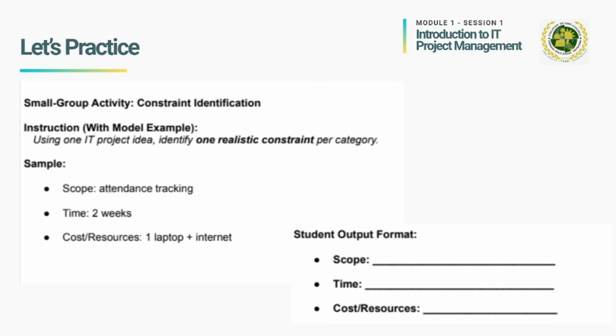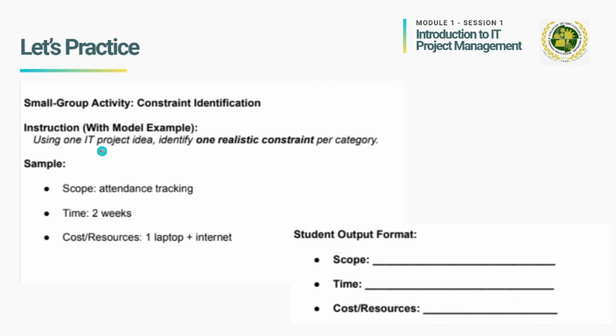All right, so to end this session, I want you to answer our check for understanding. You have to form a small group activity, constraint identification. You can read the module that I provided in our session one. I've already uploaded all the materials there, additional information aside from this video.